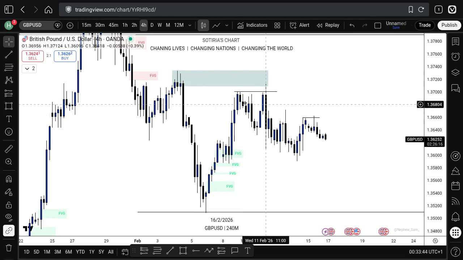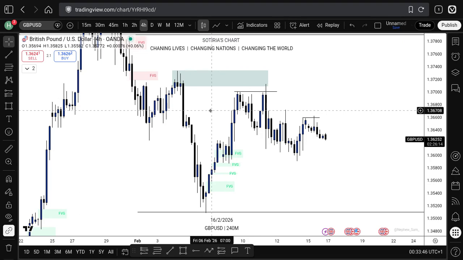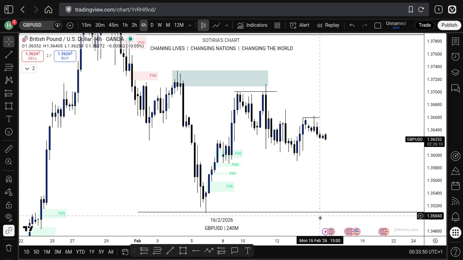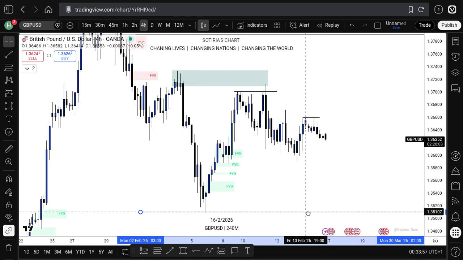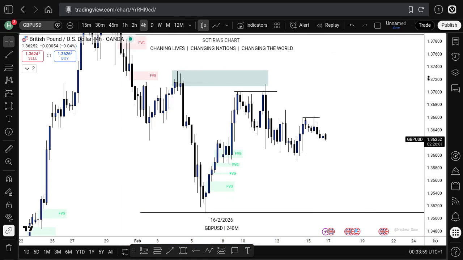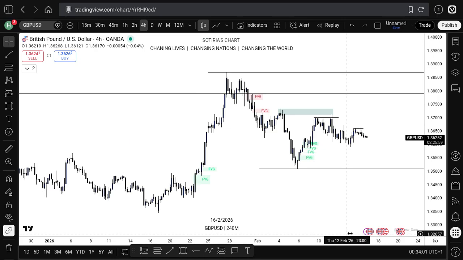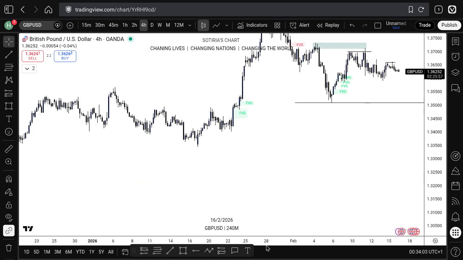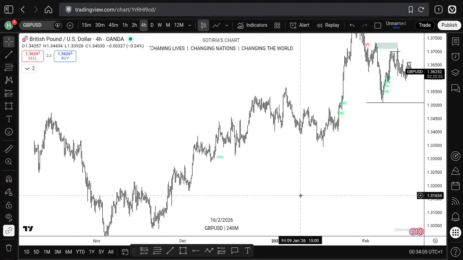So this is what I have for GU. GU this week I'm bearish. I want to see price drop to at least this level. From my previous video I indicated that I wanted price to go as far as very far down here, but I'll change my mind.